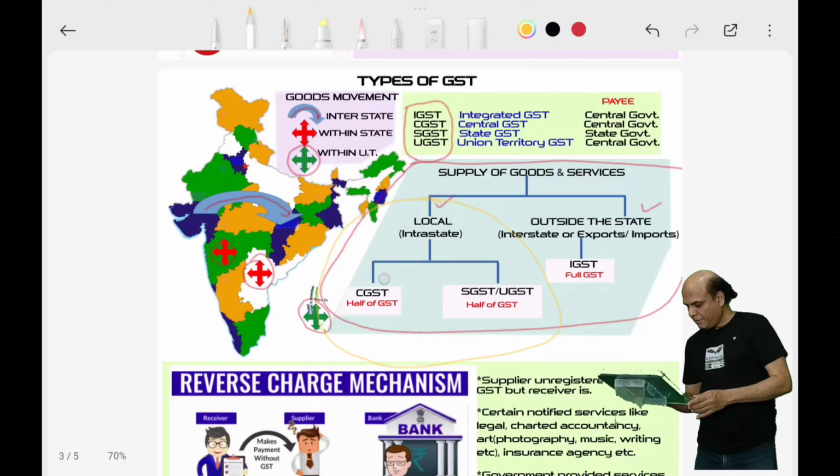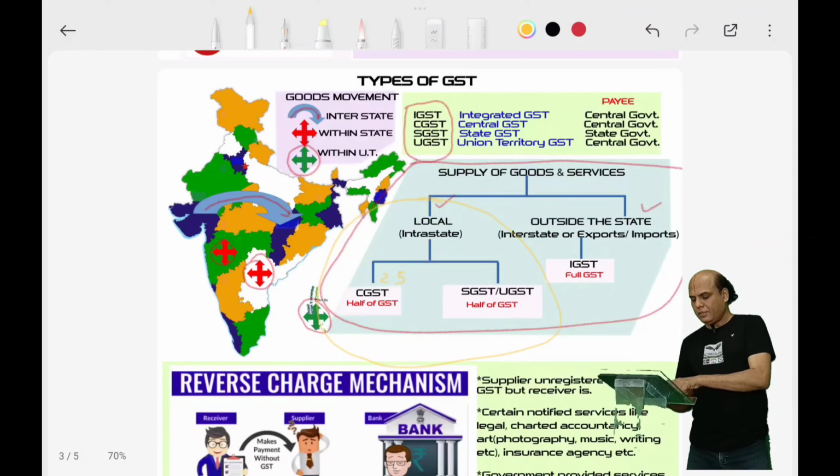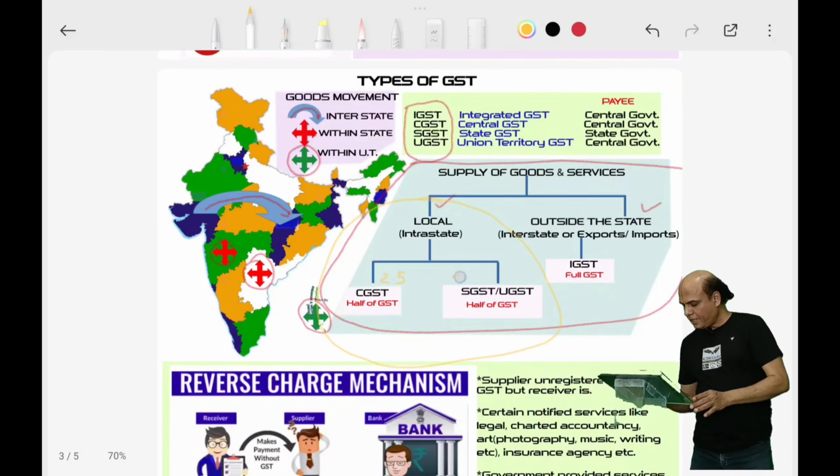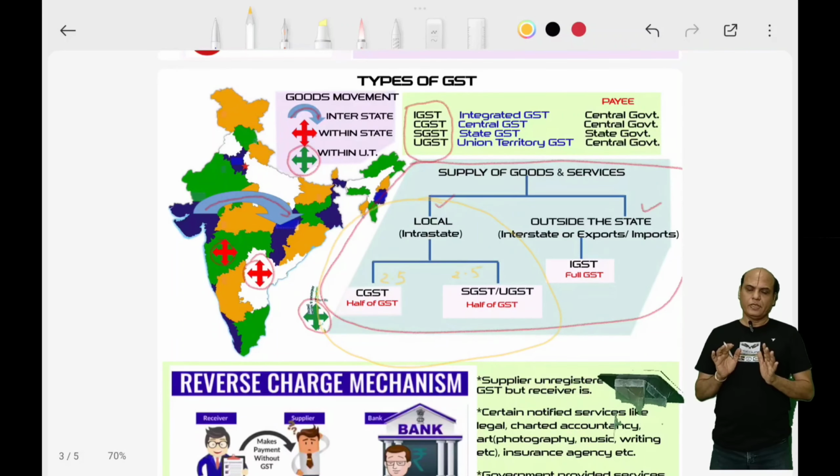Out of that 5%, 2.5% should be given to central GST and another 2.5% needs to be given to state GST. Do you understand? Suppose in Telangana, one product is moving within the state and 5% GST needs to be paid.